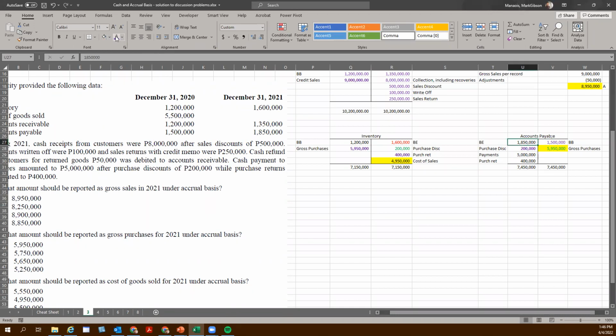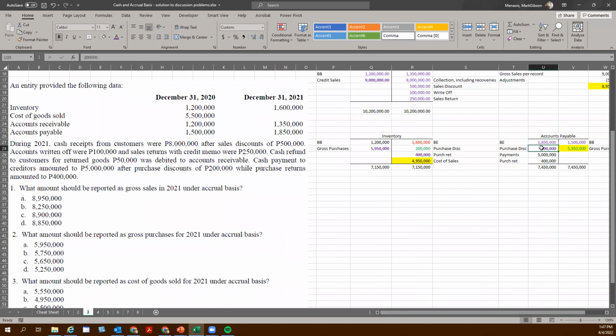Okay, let me check the balances first. Next, we have purchase discount. Purchase discount of 200,000. That's given. We also have payments. Cash payment to creditors amounted to 5 million.